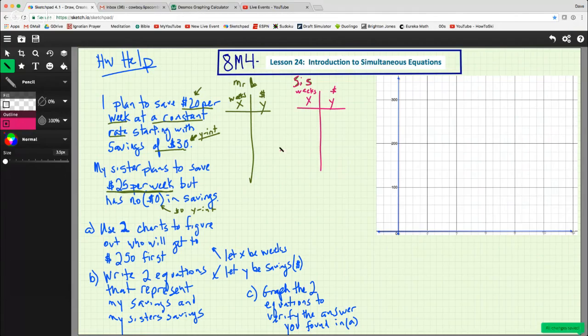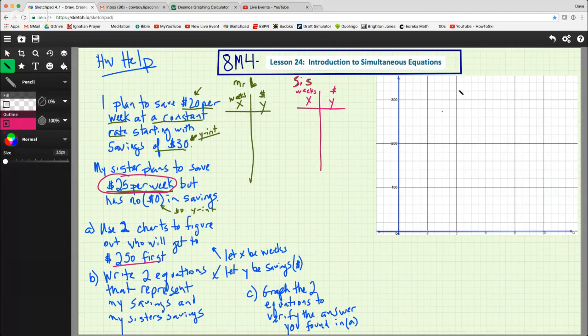Okay, so I want you to figure out who's going to get to $250 first. If you want to go ahead and do B and C, I'd like you to write two equations that represent my savings and my sister's savings, knowing what you know about slopes and y-intercepts and knowing how to read these verbal models. And then C, I want you to graph them, okay?